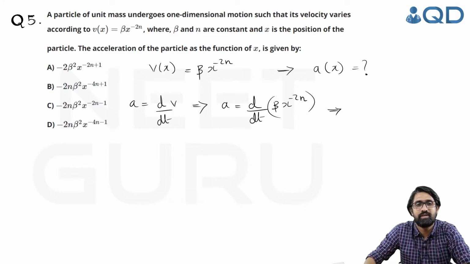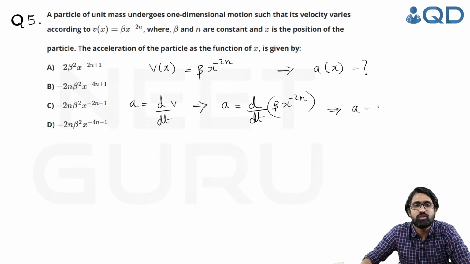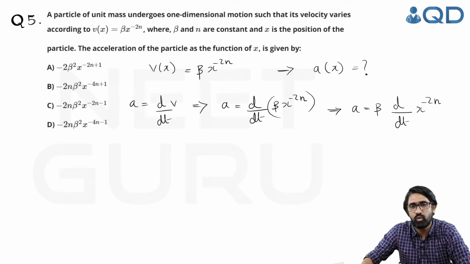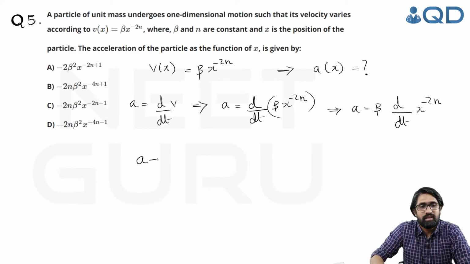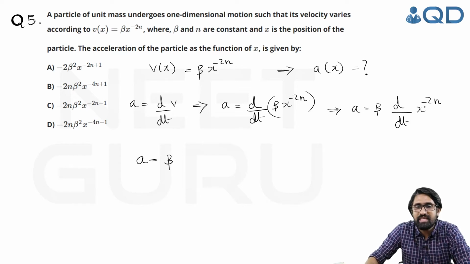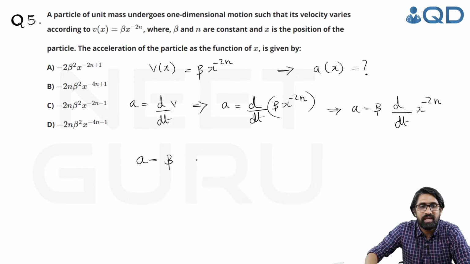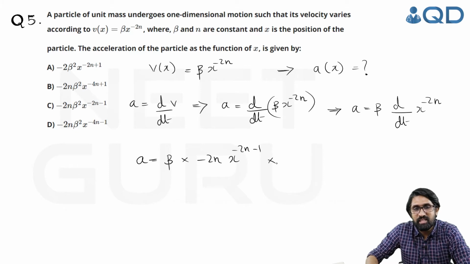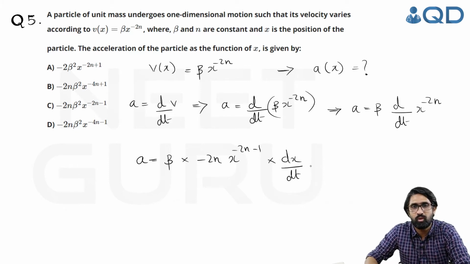So here we have a is equal to beta, taken out because it's a constant, d by dt of x raised to minus 2n. Now, a will be equal to beta into d by dt of x raised to minus 2n, which would be minus 2n x raised to minus 2n minus 1 multiplied with dx by dt. That is according to the chain rule.